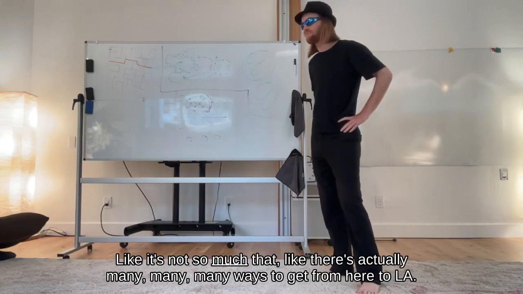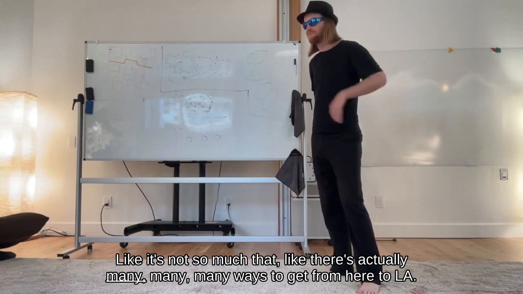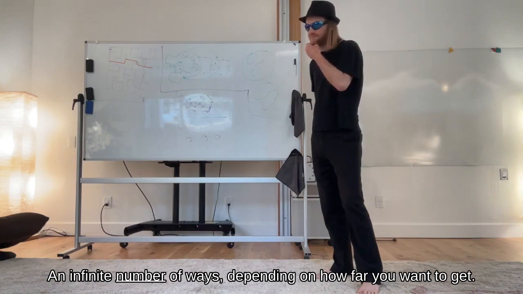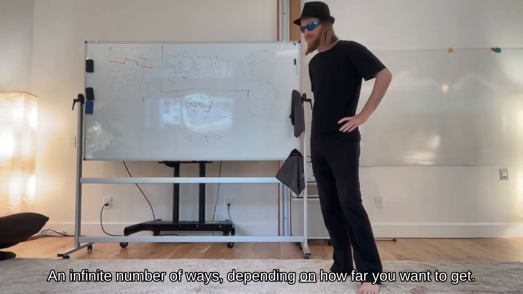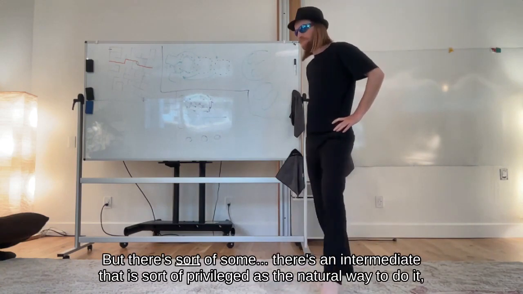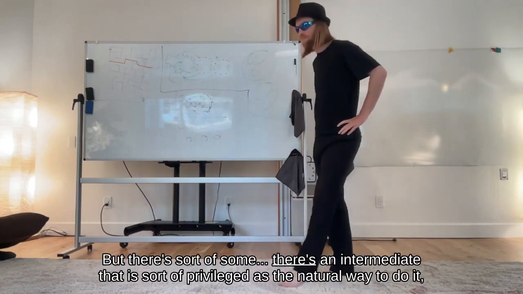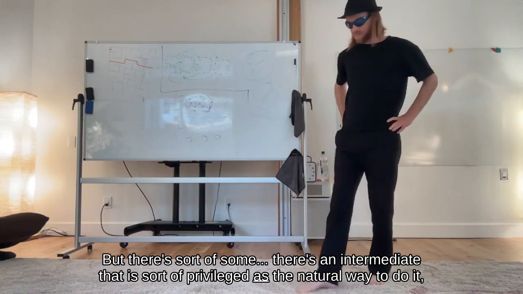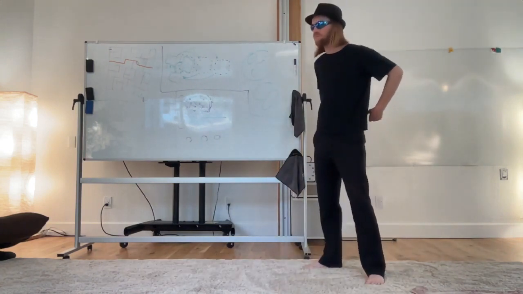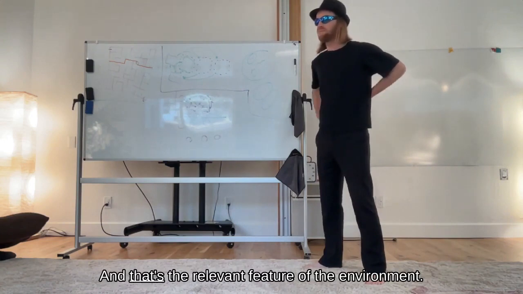It's not so much that there aren't actually many ways to get from here to LA. Correct. An infinite number of ways, depending on how fine-grained you want to get. Yep. But there's an intermediate that is privileged as the natural way to do it or the best way to do it. Mm-hmm. And that's the relevant feature of the environment.